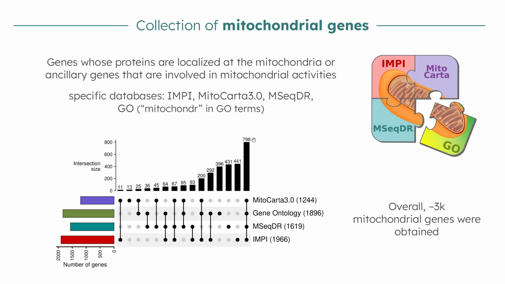So to collect the genes, we used the specific mitochondrial-oriented databases that are IMPI, MitoCarta, and SEDR, and also the gene ontology from the cellular compartment area. We can see that many genes are shared among the 4 databases, but actually each of them has its own subset of genes. So we decided just to take the union of these 4 lists, and we obtained almost 3,000 genes.